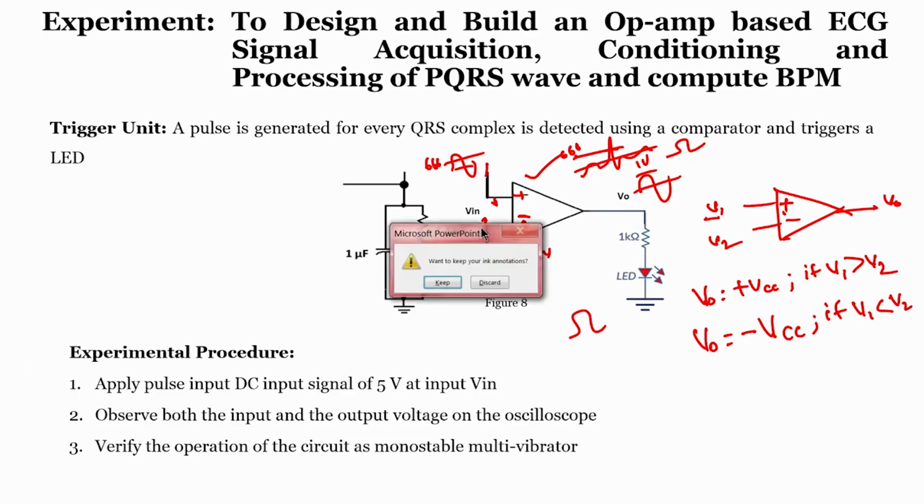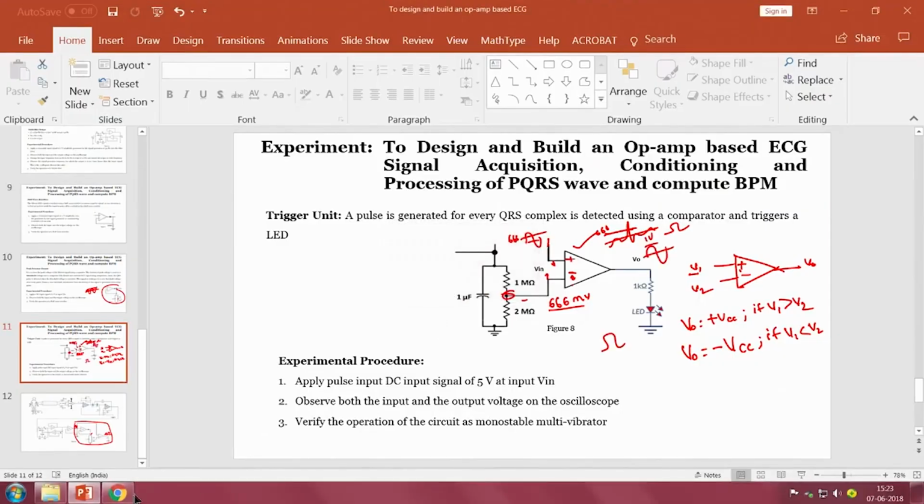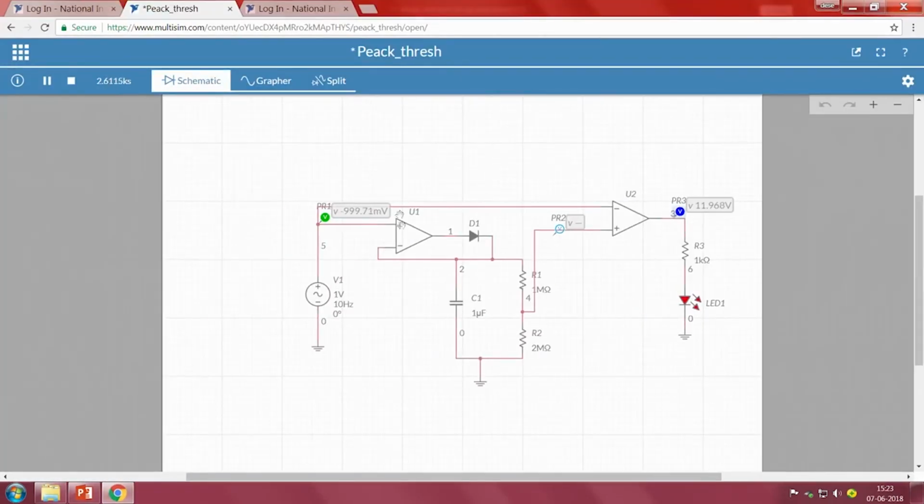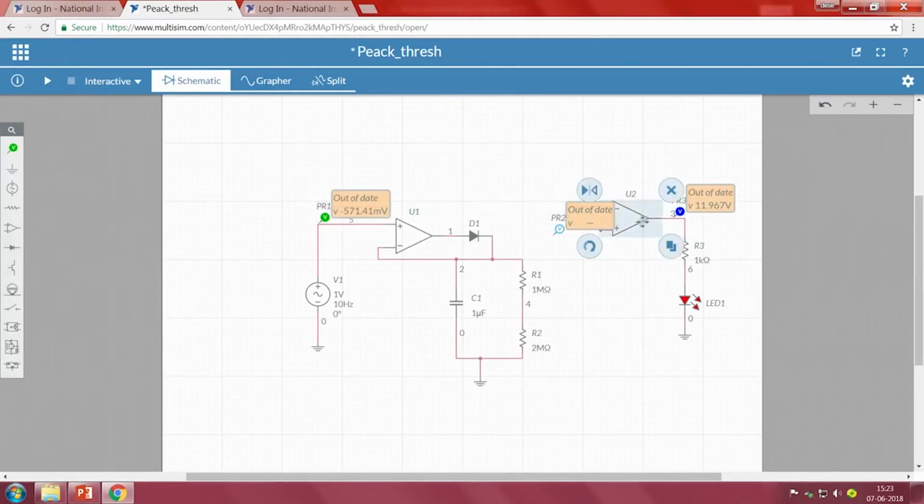Now just to see that, let me go to the schematic, just to stop the circuit. I will swap the terminals. Okay.